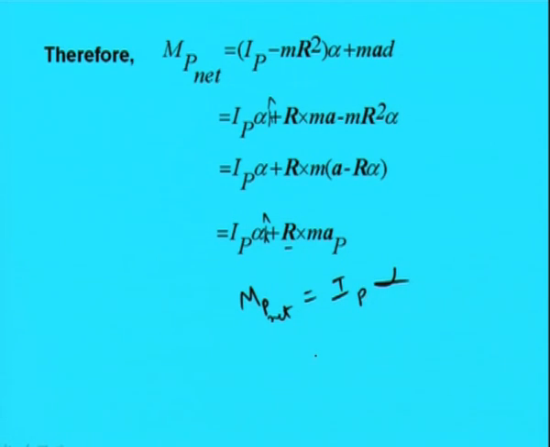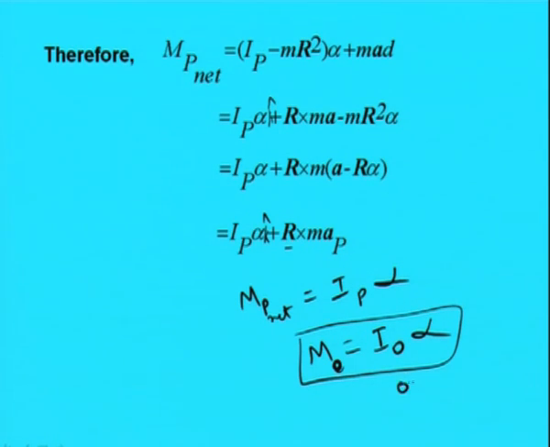Thus if we write in general form that O is any point, and we write Mo equal to Io times alpha, in that case Mo is the moment about O, and Io is the mass moment of inertia about point O. So this equation is valid provided three conditions.